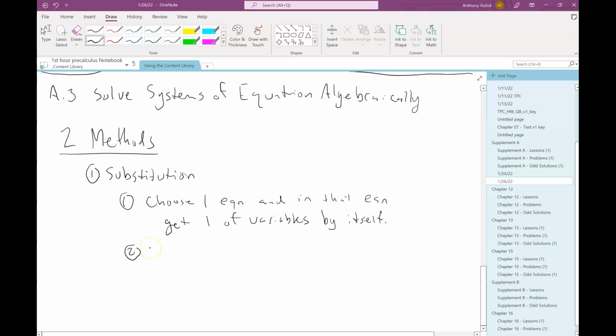After we do that, we're going to use that first equation and substitute it into the second equation. Well, maybe I should say other.